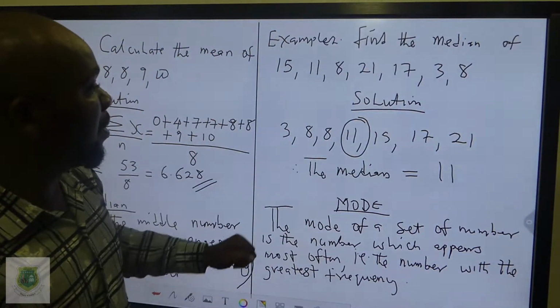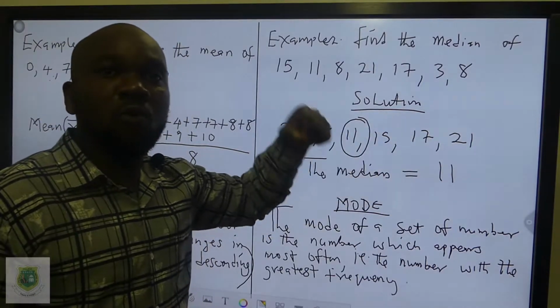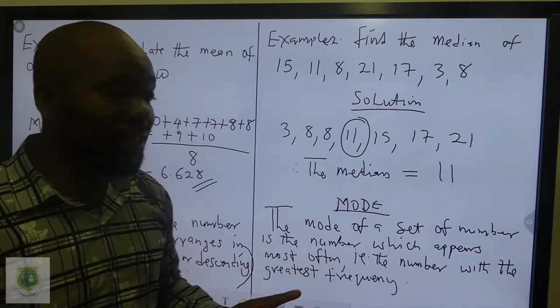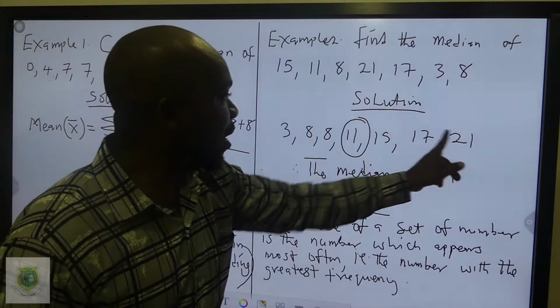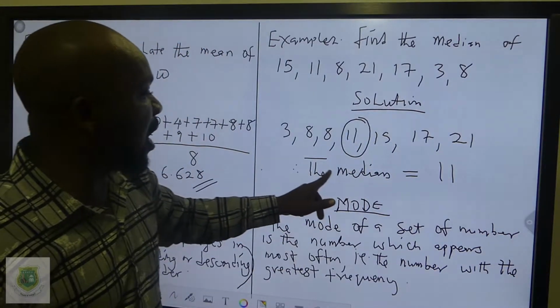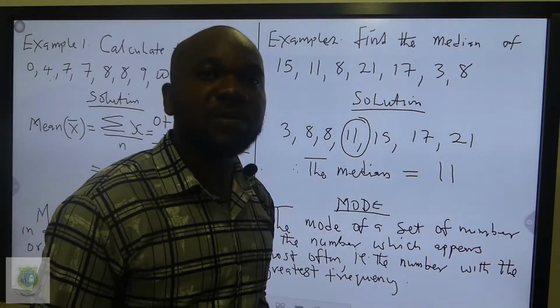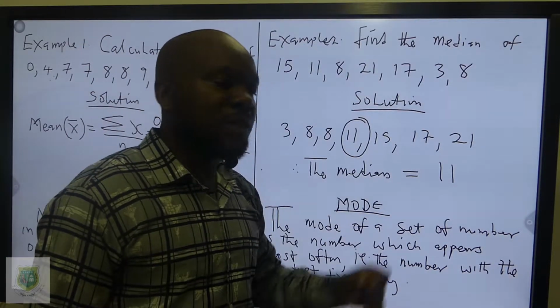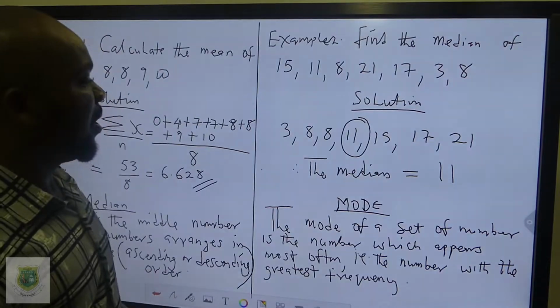But here it is an odd number, which means one number must be at the center. 1, 2, 3. 1, 2, 3. So the number at the center is 11, which means our median is 11, the middle number.